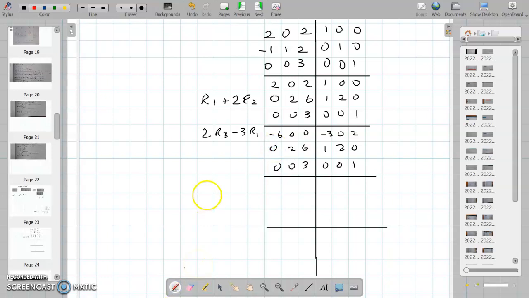So this second one is row 2 minus 2 of row 3. Let's put the first row in. This is unchanged, minus 6 0 0, minus 3 0 2. So this will become 0, 2, 0, 1, 2, minus 2.